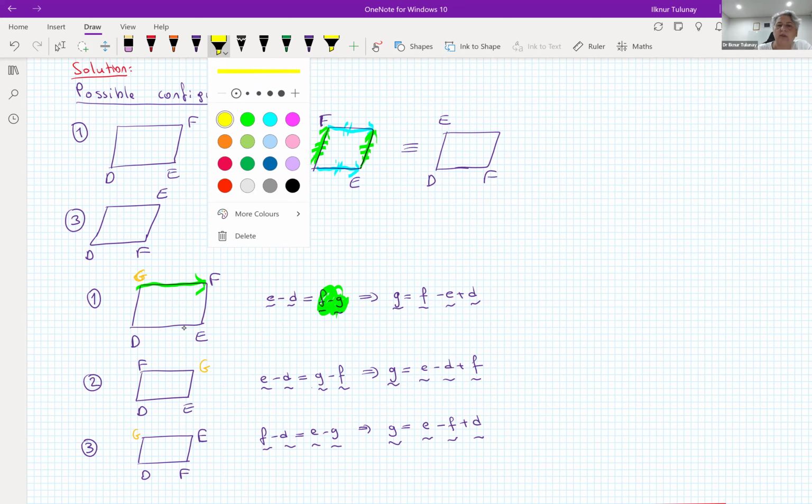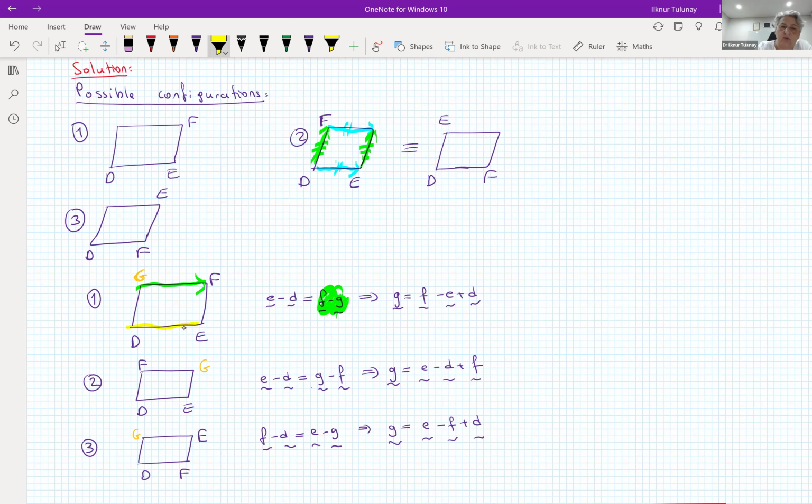Let's do the other one with a different color. So this vector here is the DE vector, represented by E minus D. And then since we would like to know how to write down G in terms of the others, just to tidy up the equation, we have G equals F minus E plus D. And similar to the others, right? Same idea.